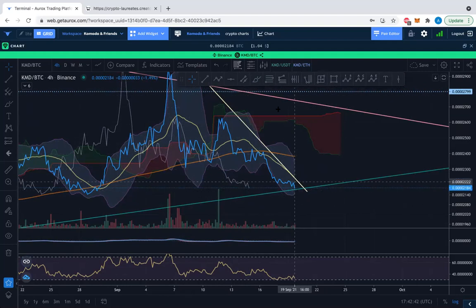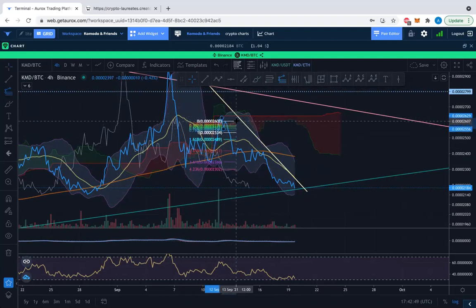So let's see, we're going to take some Fibonacci and see. That's probably not, but let's give it the benefit of the doubt for now.